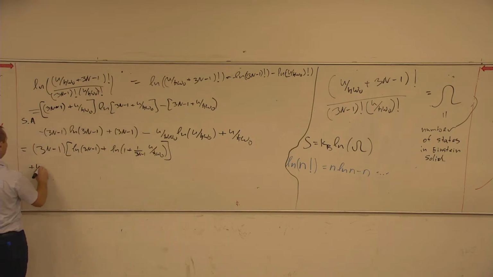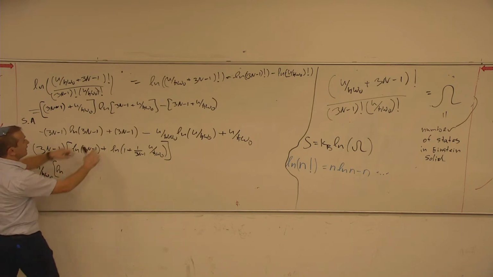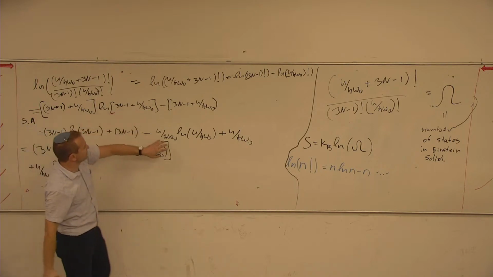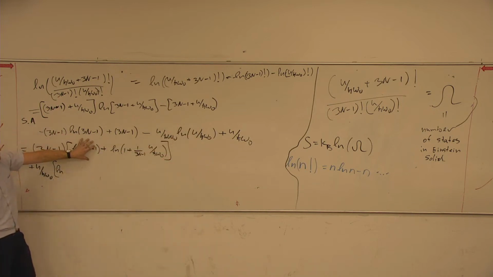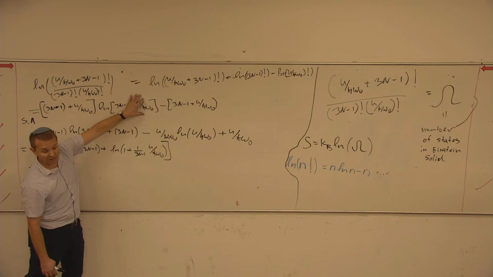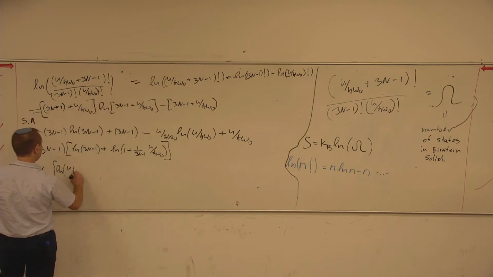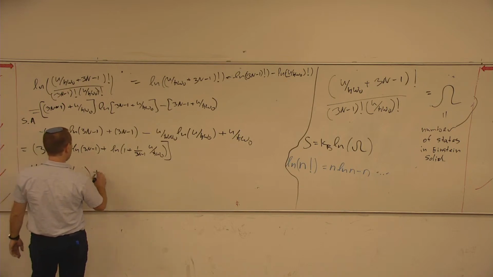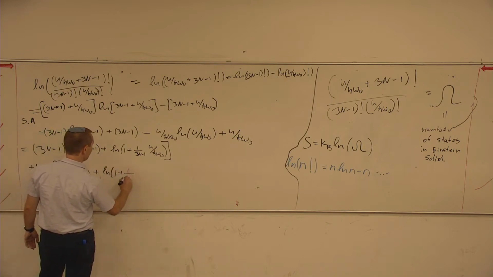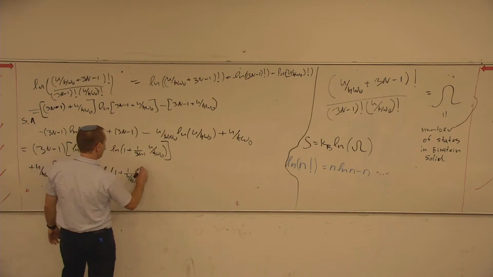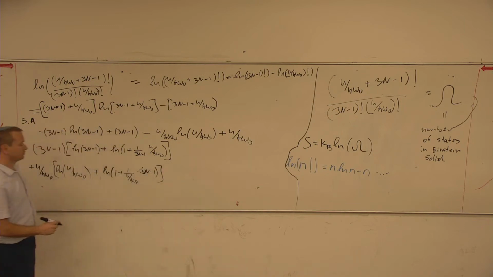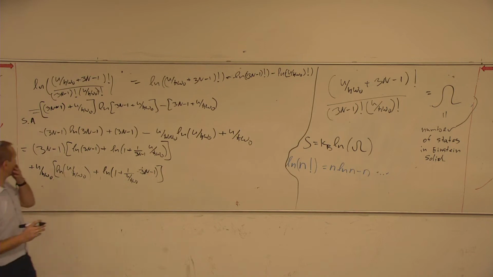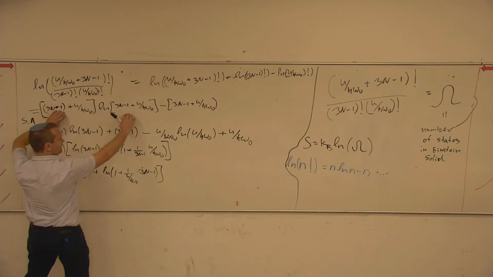So plus u/ħω₀ times a log of, now I separate this value: ln of u/ħω₀ plus log of 1 plus 1 over u/ħω₀ times 1 over (3n − 1). Fine with everything? Hopefully.